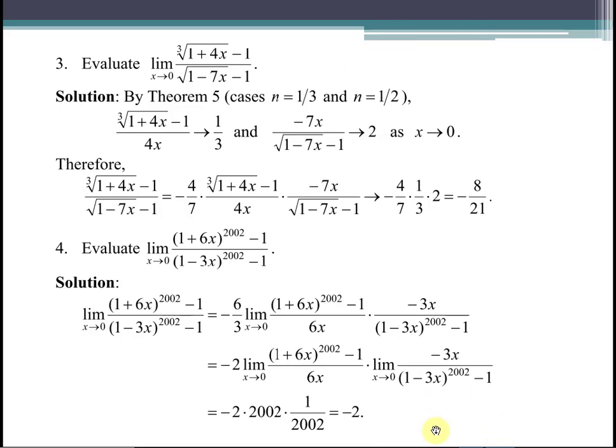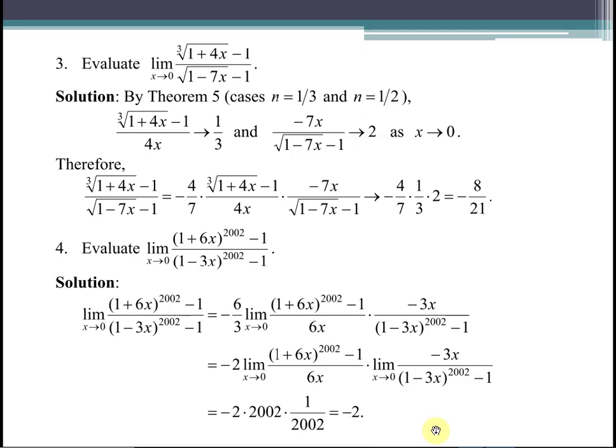Number 3, evaluate the following limit: as x tends to 0, the cubic root of 1 plus 4x minus 1, over the square root of 1 minus 7x minus 1. Again using theorem 5, in the top n is 1 over 3 and in the bottom n is 1 over 2.